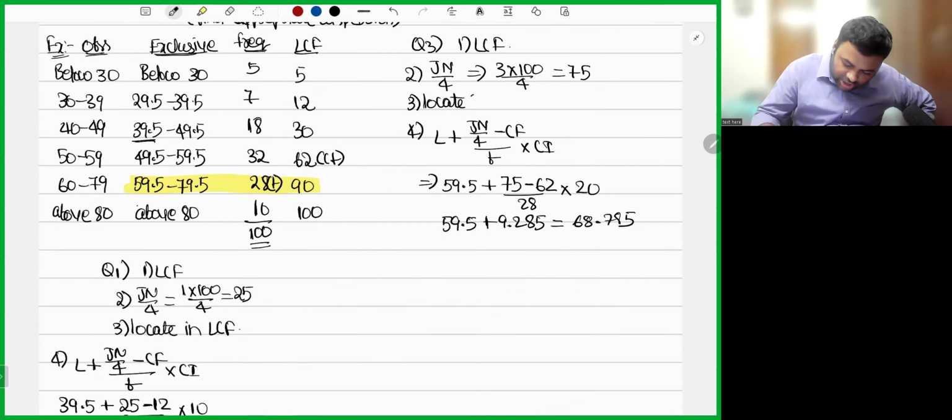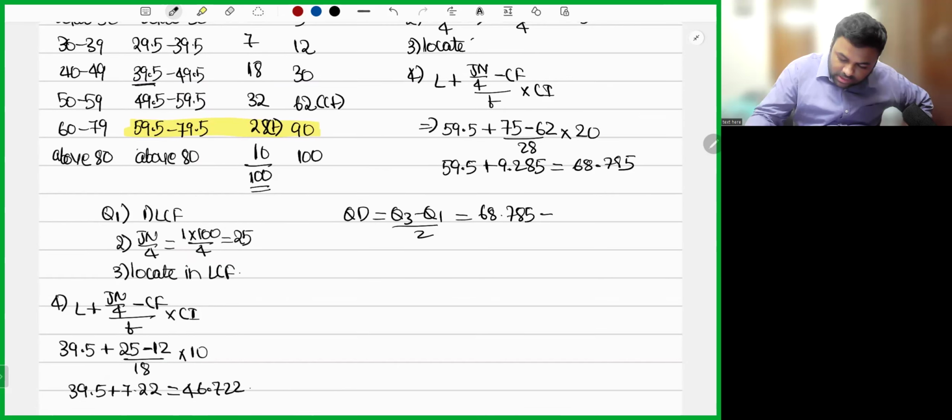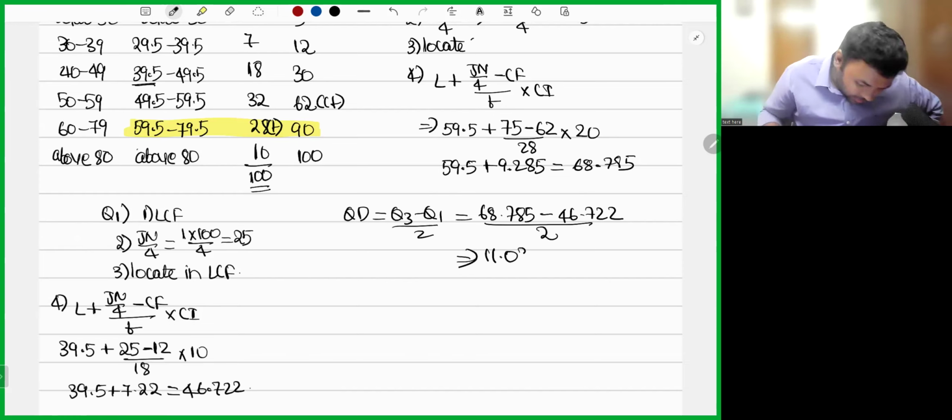Now quartile deviation, Q3 minus Q1 by 2. 68.785 minus 46.722, whole divided by 2. So it is 11.03. Okay.